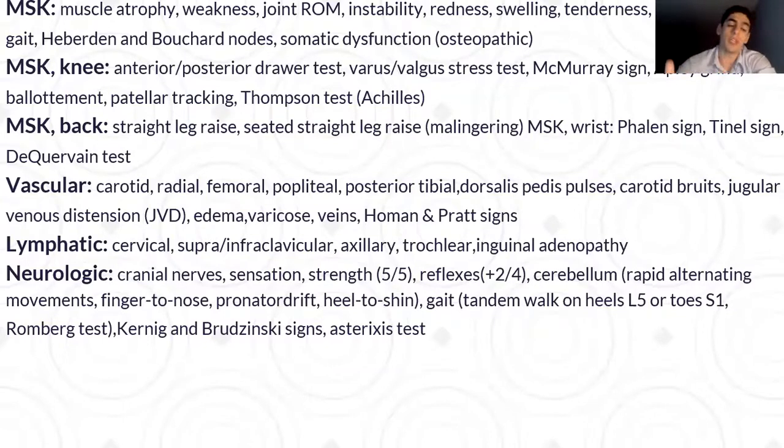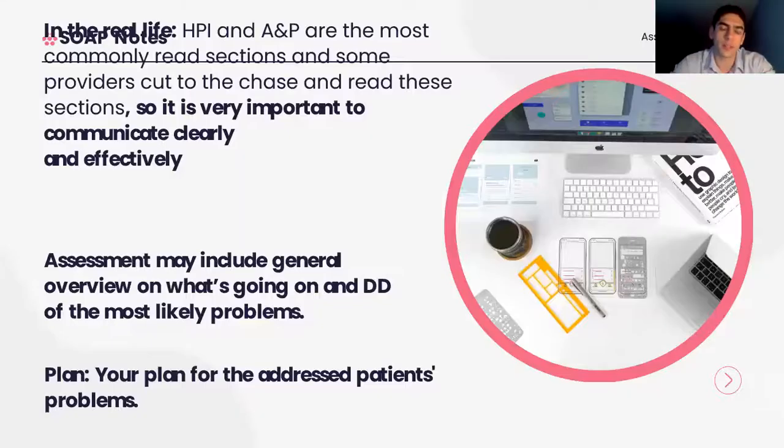Now on to, in my opinion, the most important part of our note, which is the assessment and plan. And the reason I'm saying it's the most important part is not that it's the part that everyone looks at, because everyone should read the entire note, especially residents.